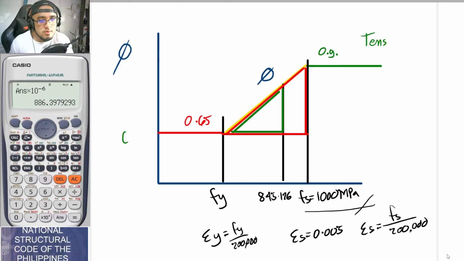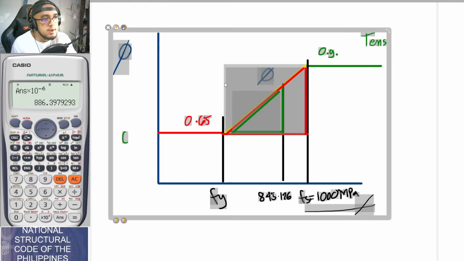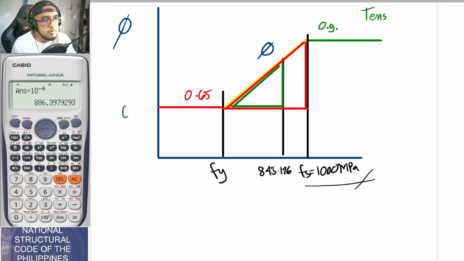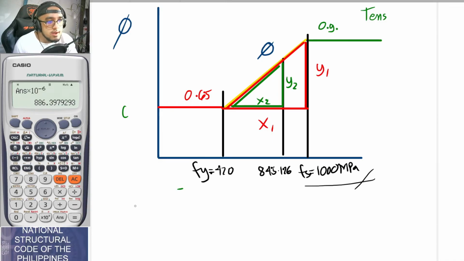Okay, so erase ko lang itong nasa baba para may space tayo magsulat. Okay, so for your Fy guys, this is actually 420 as given by the problem. So this is 420. Okay, so once again, similar triangle. So I will be calling this Y1. This is to be X1. And for the smaller triangle, I will be calling this Y2, and this is to be X2. So for similar triangles, Y1 divided by X1 should be equal to Y2 divided by X2.